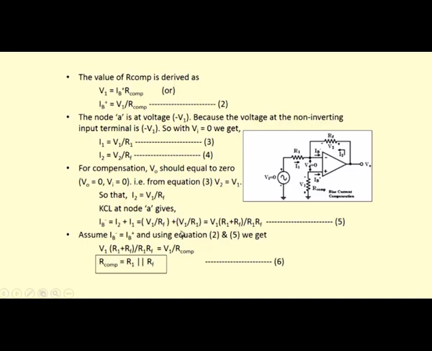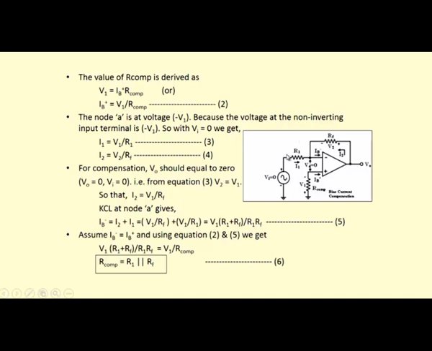These are replaced here and simplified, and we get the value of R compensation as the parallel combination of R1 and Rf. For designing the inverting amplifier, we will always choose the input resistance R1 as a higher value, normally 10 kilo ohms, and Rf is designed from the R1 value and the given gain value.